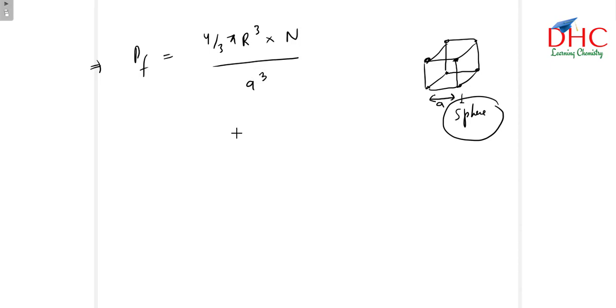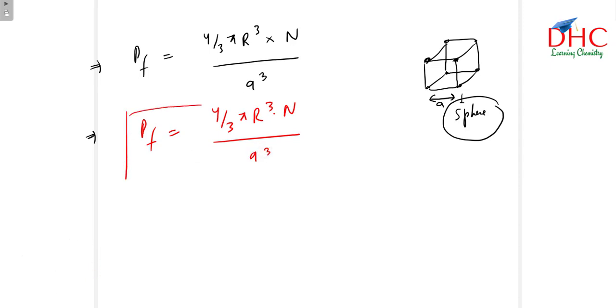So this implies packing fraction will be equal to 4 by 3 pi r cube into n divided by a cube. This gives me the packing fraction formula.